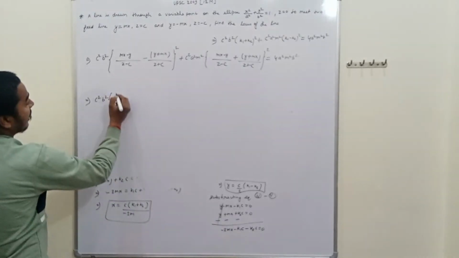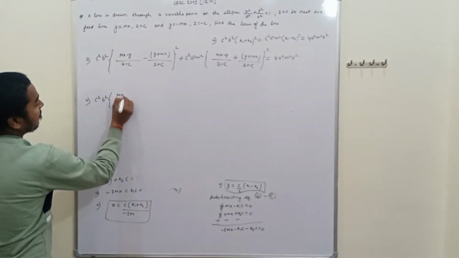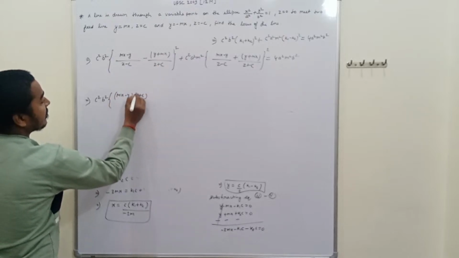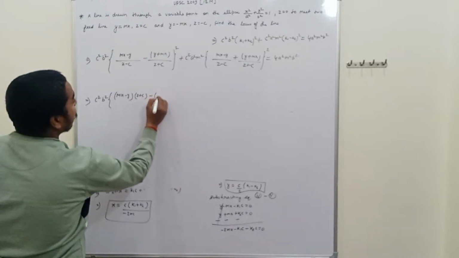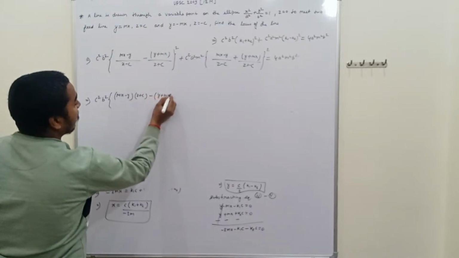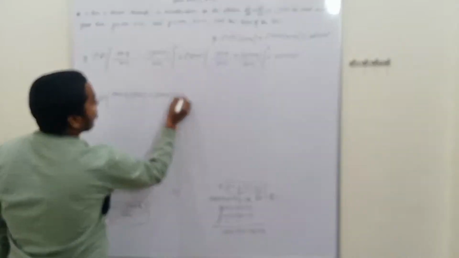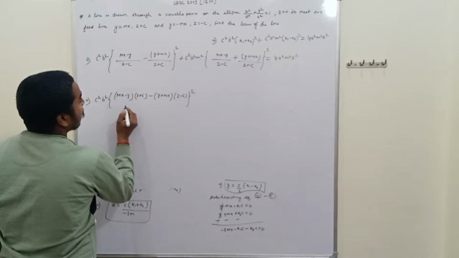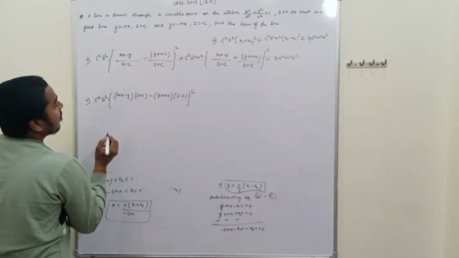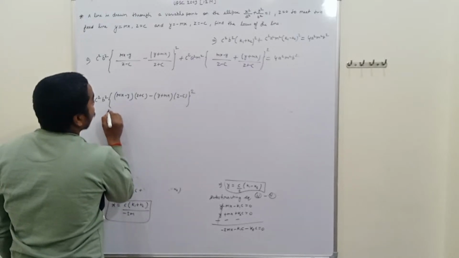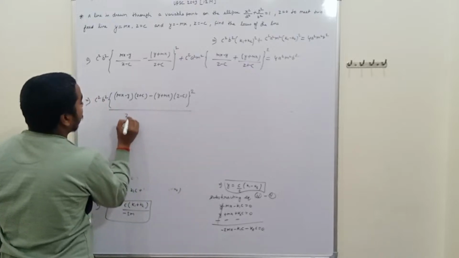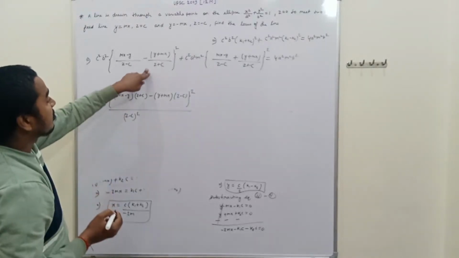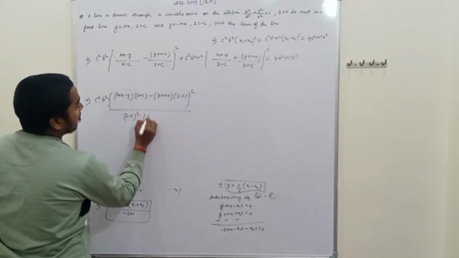We can also write, that is (mx minus y) into (z plus c) and minus (y plus mx) into (z minus c) whole square upon, one second, upon (z minus c) square, (z minus c) square into (z plus c) square.